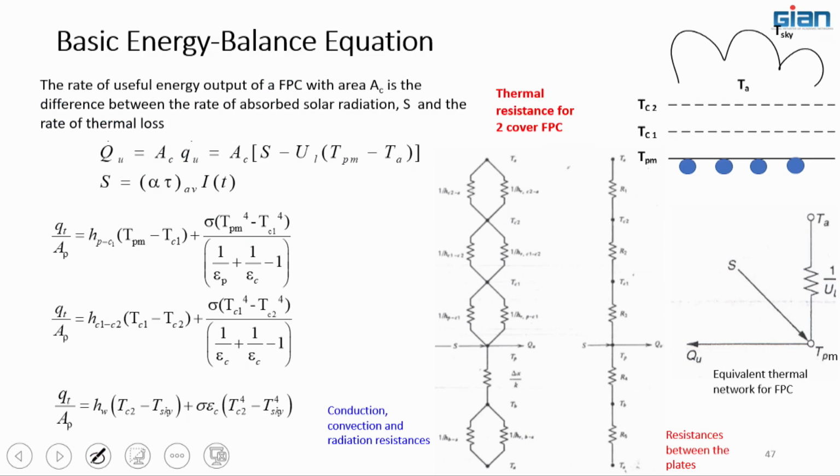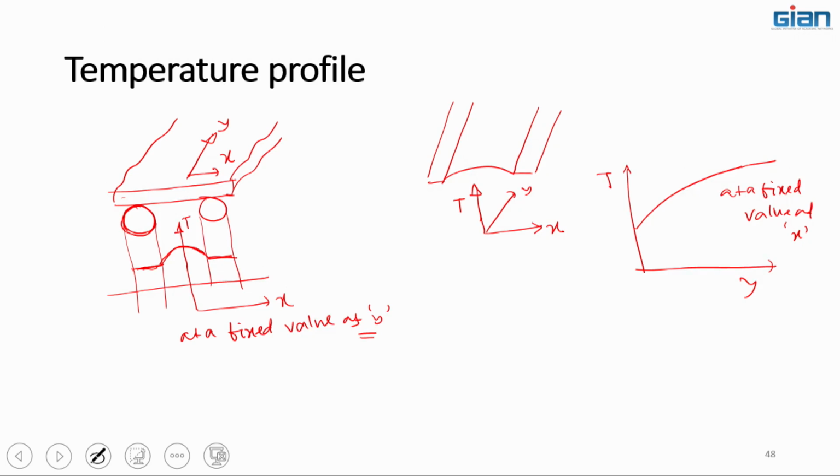If you have two glass covers and then one absorber system, right? And also we can draw this kind of thermal resistance network. Okay. If you are doing a very microscopic analysis, then it will be something like this. So this is the temperature profile. This is your absorber plate and you have attached these tubes.